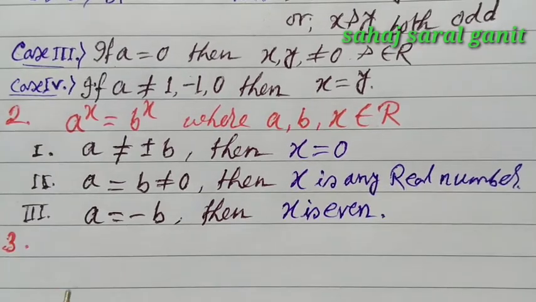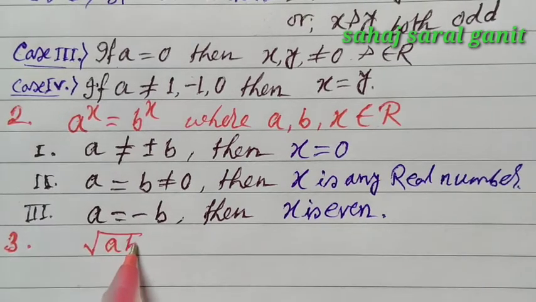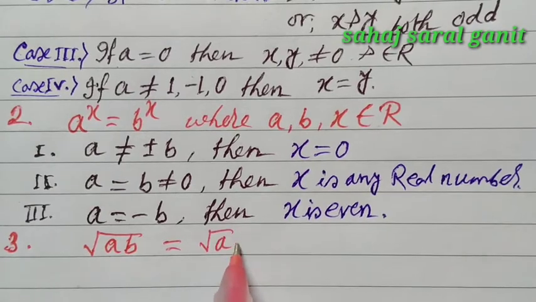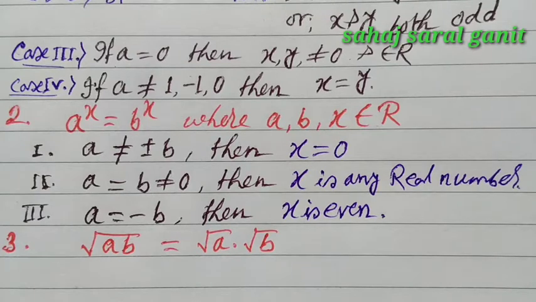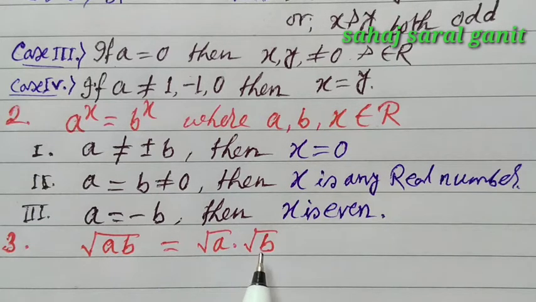If square root of ab is equal to square root of a into square root of b, what is the condition? If either a or b is negative, then root a or root b is negative.